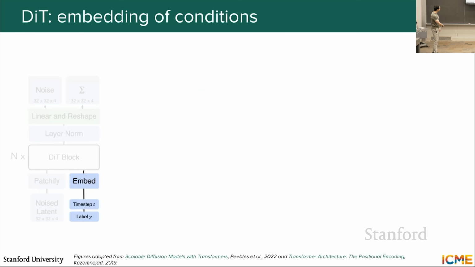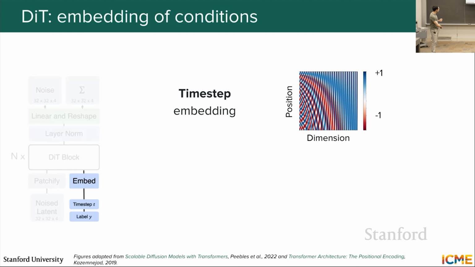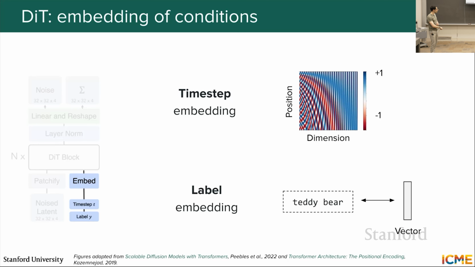So that's for that. And then the second step is to actually inject your conditions, the external signals: the time step, and then the input text, let's say. So here, we take our time step embedding, which, as we saw, can be a series of sinusoidal functions that you have in a vector, and then your condition, which can be just an embedding.